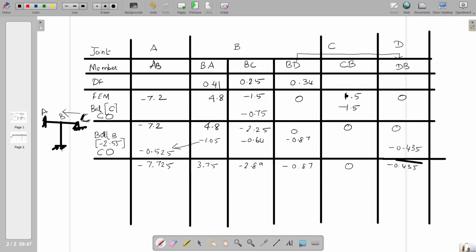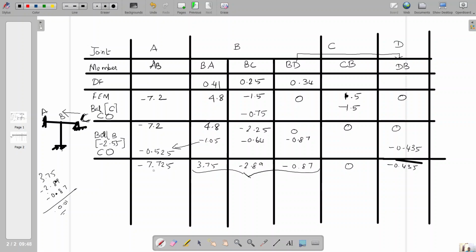And you check whether the summation of moment at joint B equals 0. If you add 3.75 minus 2.89 minus 0.87, more or less it is equal to 0, or it will give some 0.01 variation. So we can eliminate this small variation, and we can finish the iteration process for this problem.